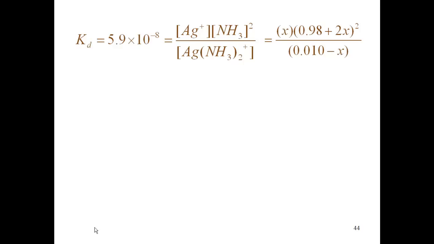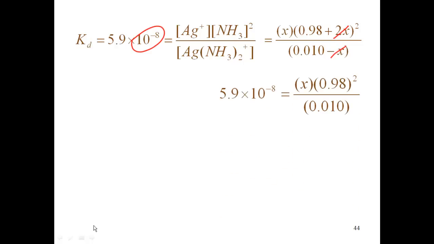Now I want to simplify the math. We're going to do it the same way we did before. I'll look at my concentration versus my KD, and if it's 3 powers of 10 or greater, then I'm okay, which it is in this case, which means I can get rid of my 2X and my minus X. So my math simplifies to 5.9 times 10 to the minus 8 equal to X times 0.98 squared divided by 0.01.